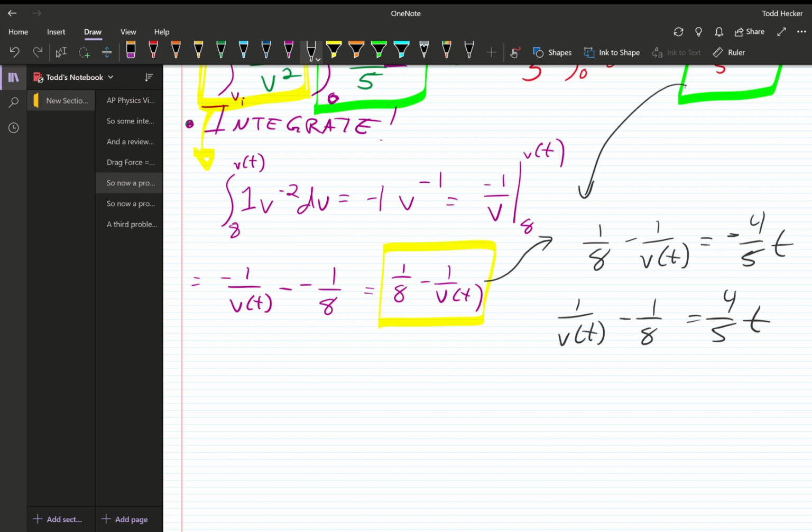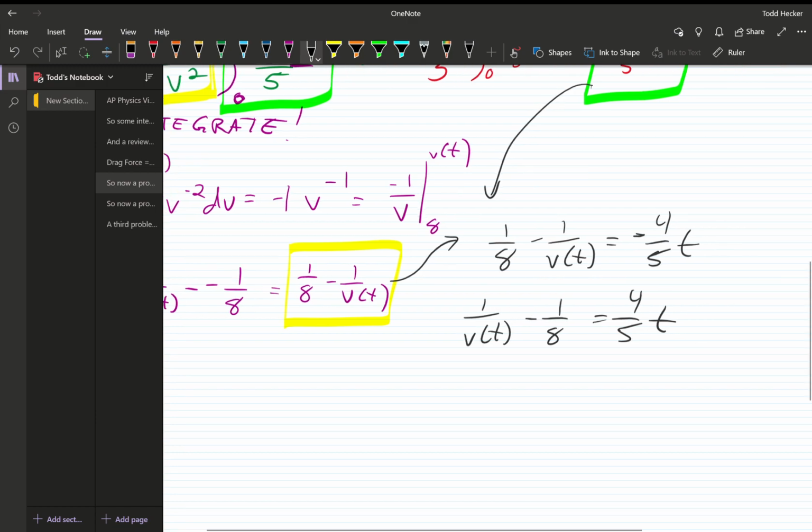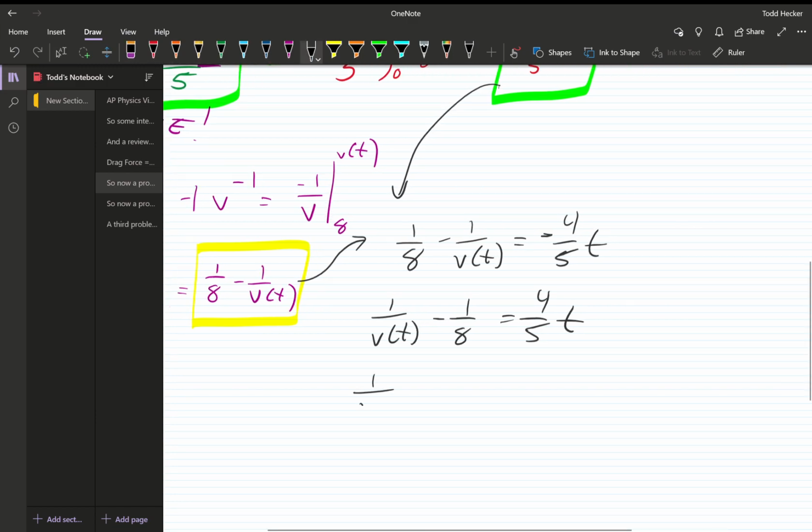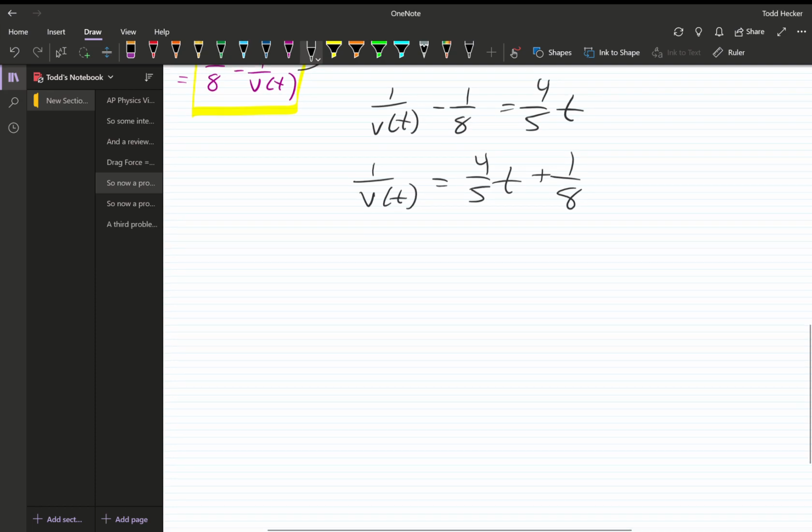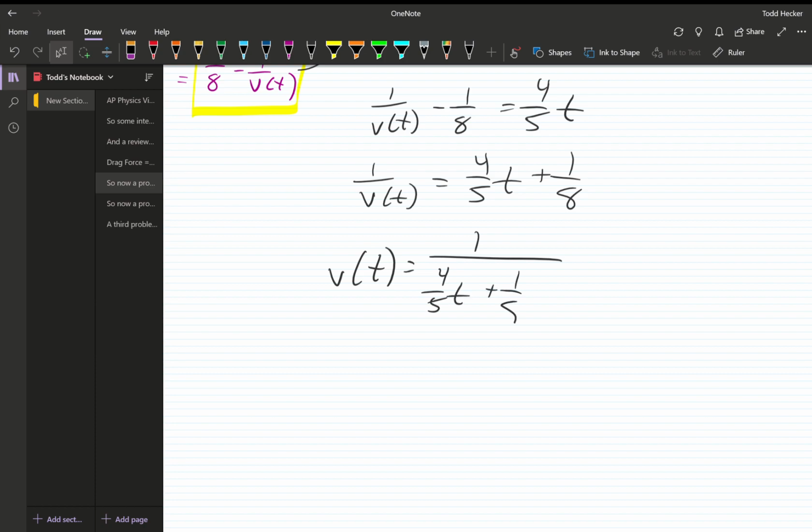Now I'm going to add 1/8 to both sides, so 1 over v of t equals 4/5 t plus 1/8. Take the reciprocal of both sides, and v of t is 1 over this mess. And there's your answer. On the AP test, I would say stop there.